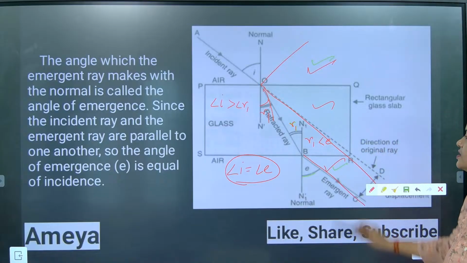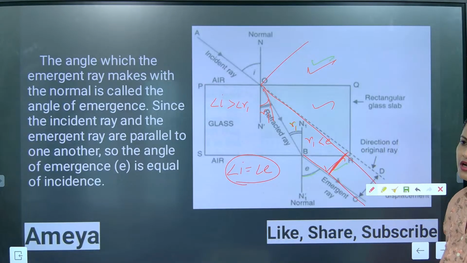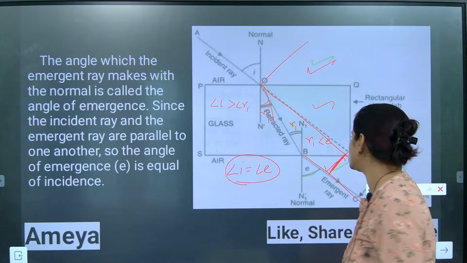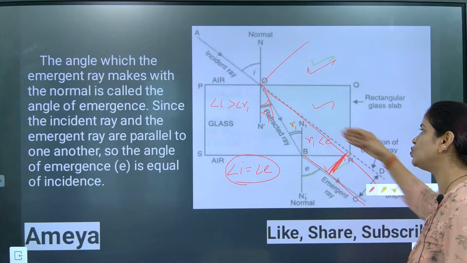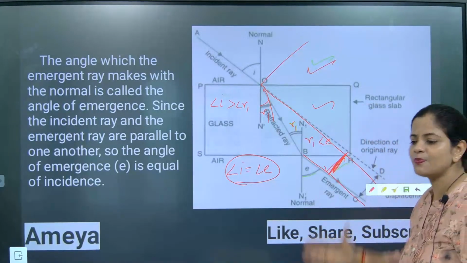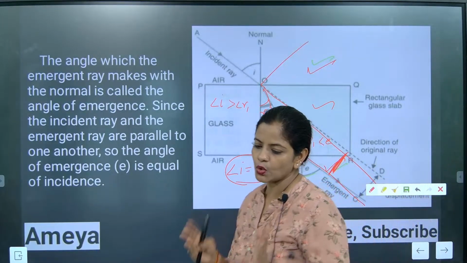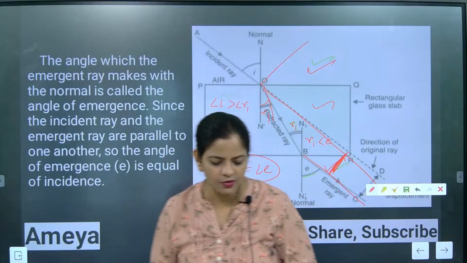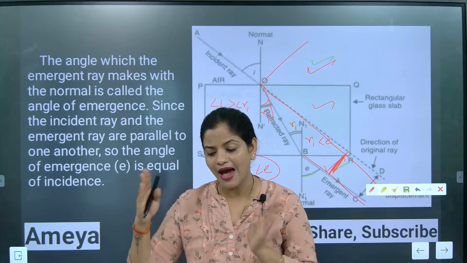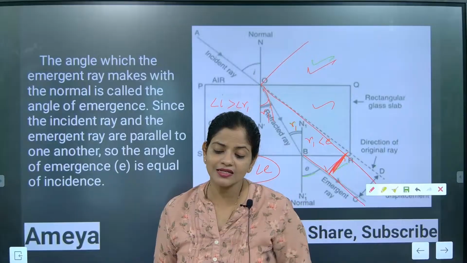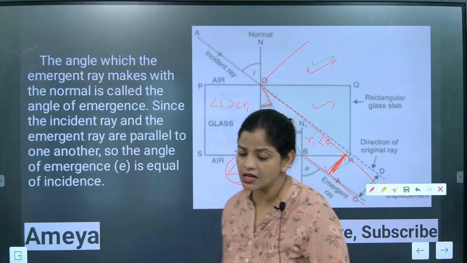Understood? So this is the displacement. This is called lateral displacement. The actual path and the expected path are apparently different. The parallel distance between them, na beta, is considered lateral displacement.